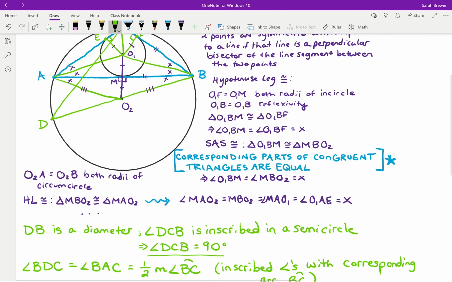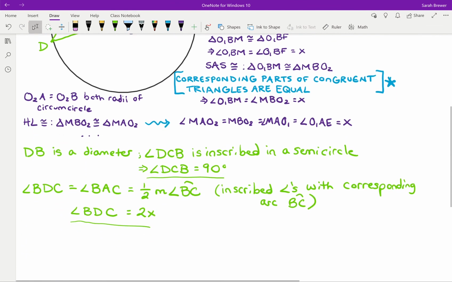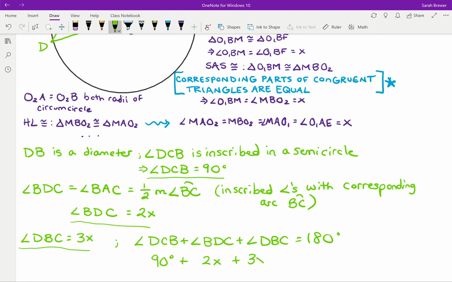And then in that same triangle, I can see that angle DBC is 3x. So we can use our triangle sum theorem that tells us that angle DCB plus angle BDC plus angle DBC should be 180, and I can substitute 90 degrees there, 2x there, 3x there.